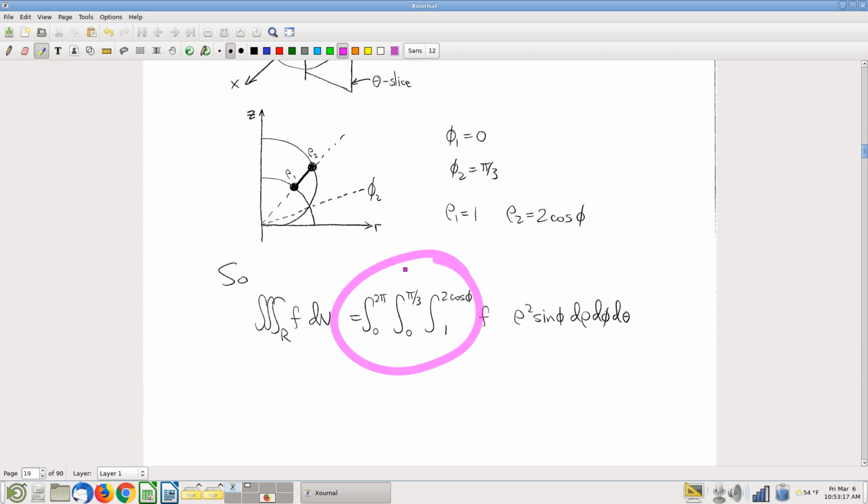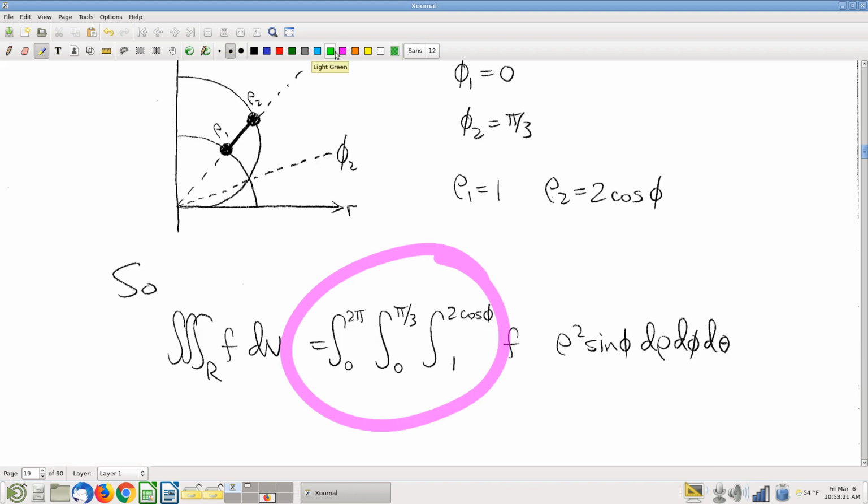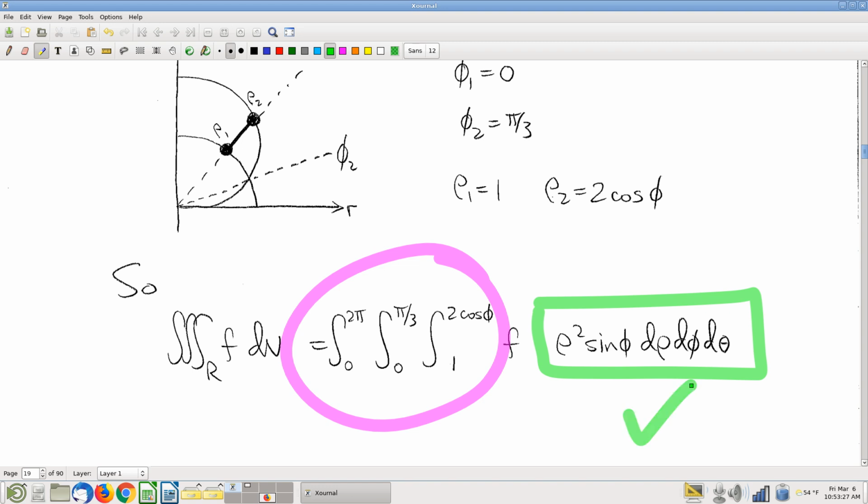There's the bounds that we just went to a bunch of trouble to identify. Don't forget rho squared sine phi d rho d phi d theta. Again, written down all at once, all in one fell swoop, because it doesn't make any sense to write down the differentials by themselves. That's not a thing. So if you write it down all at once, you won't forget it. And there's your integral, and off you go.